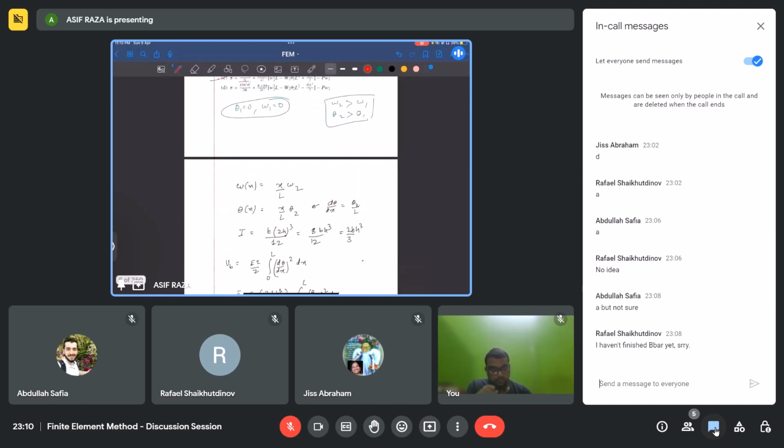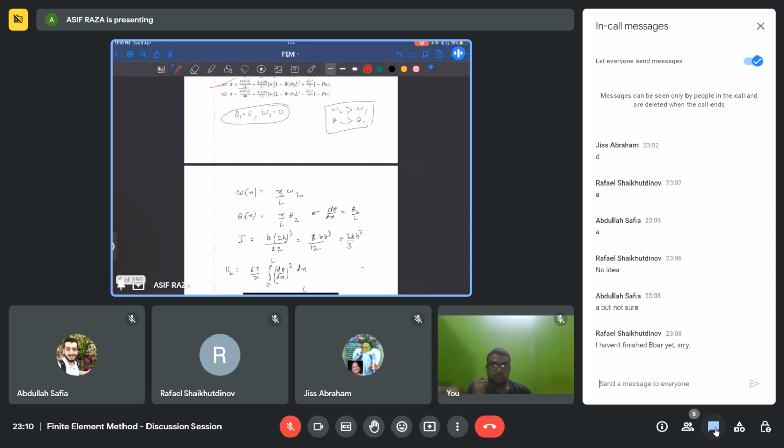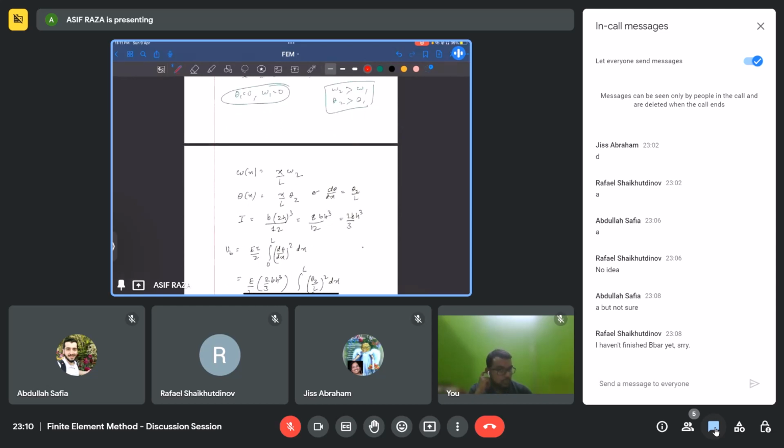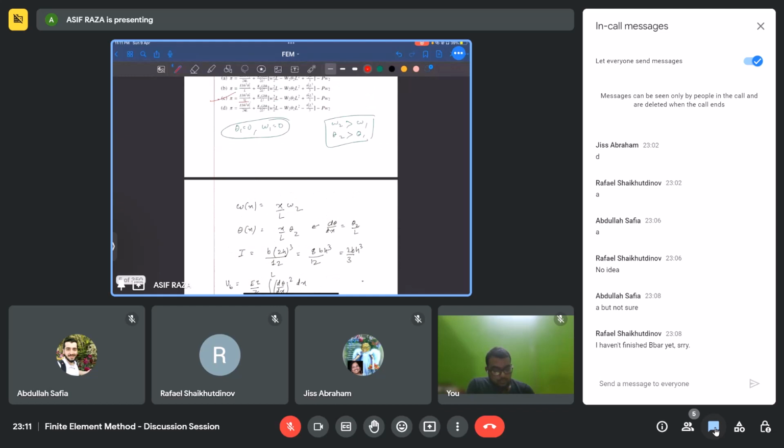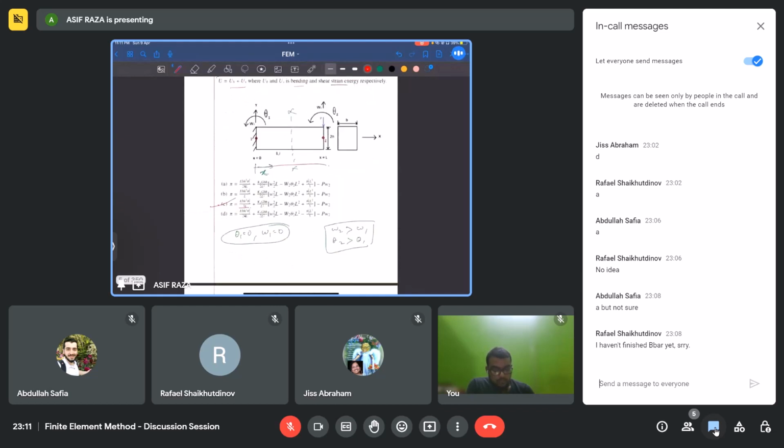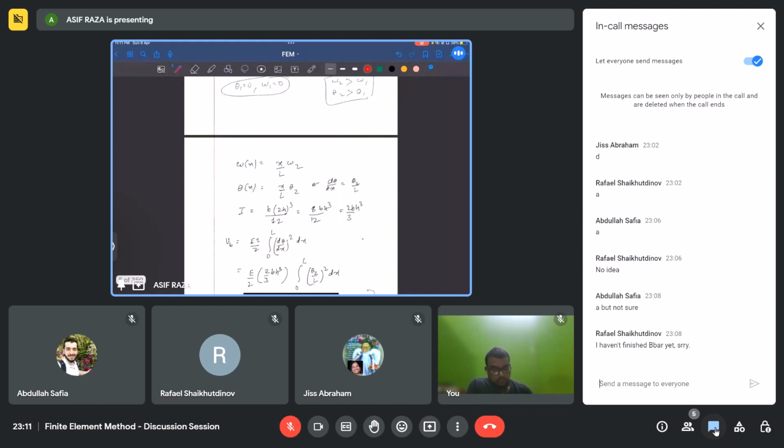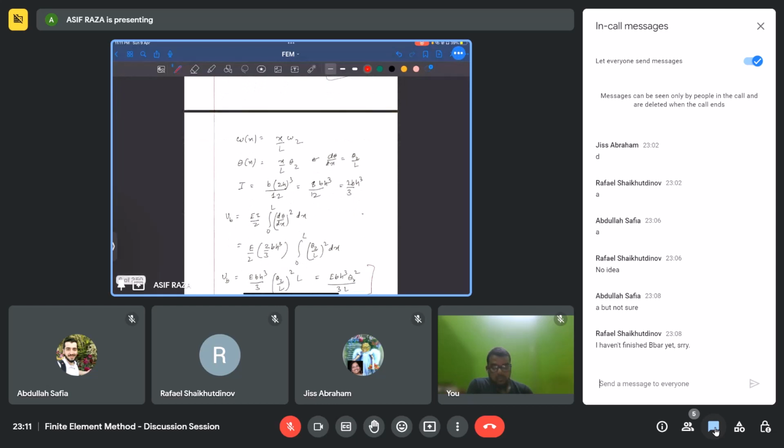Similarly for theta. Then we calculate the second moment of inertia, that is B D cubed by 12, where B is my width and D is my depth. Here the depth is 2h, so we substitute that and we get 2 by 3 b h cubed.